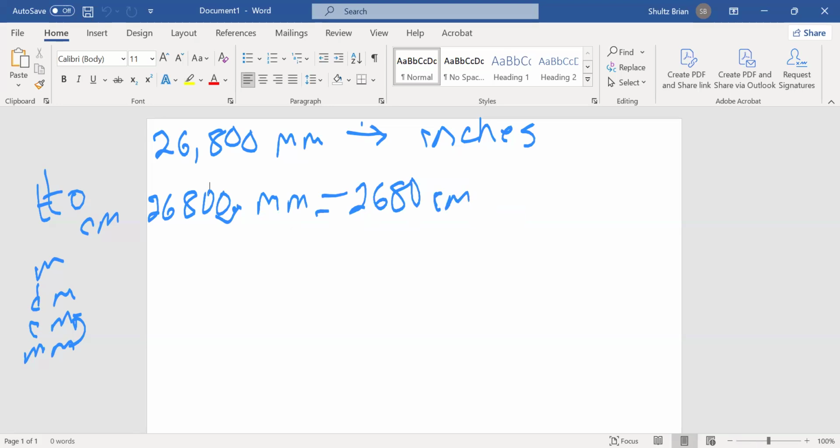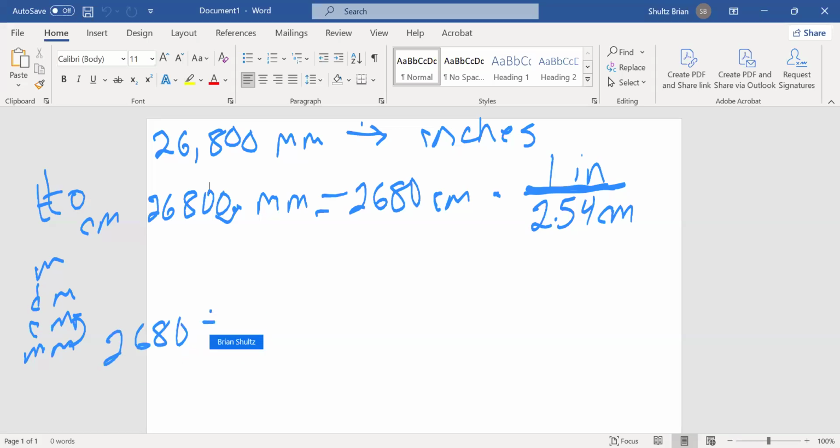I know how to change centimeters to inches, but remember I'm changing to inches, so I want inches on top. 1 inch is 2.54 centimeters. And since centimeters is on the bottom, I'm going to take 2,680 divided by 2.54 on my calculator.